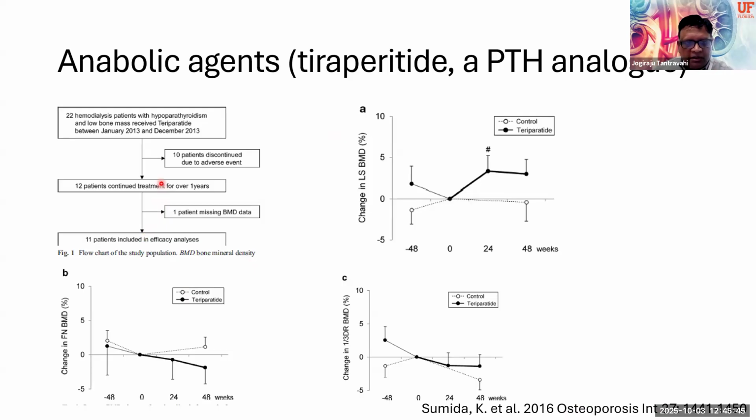Okay? This was monthly teriparatide at a dose of 56 milligrams. We can see that the lumbar spine bone mineral density increased with teriparatide, but it certainly did not increase in the femoral neck or in the proximal or in the distal third of the radius.